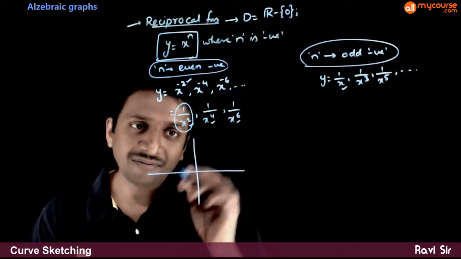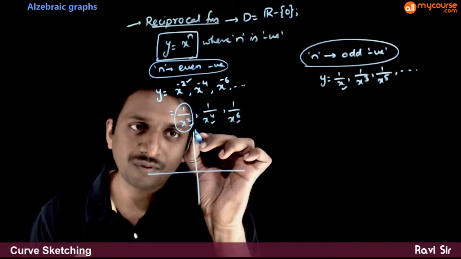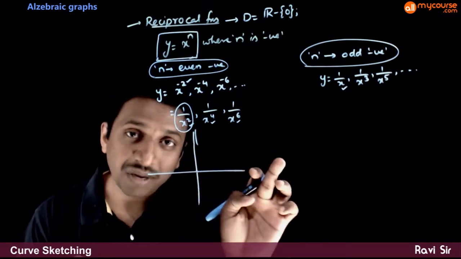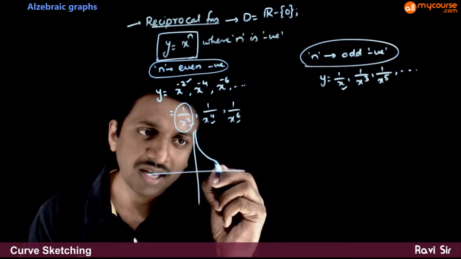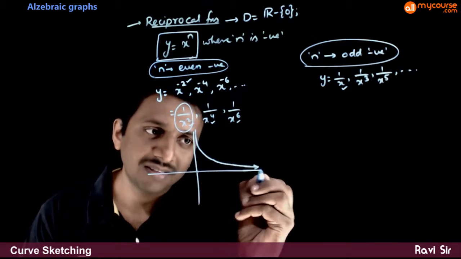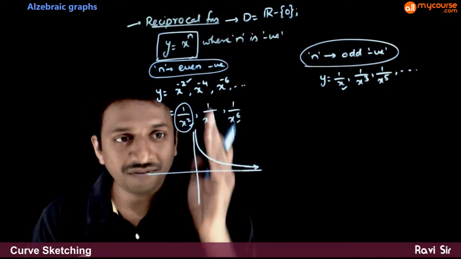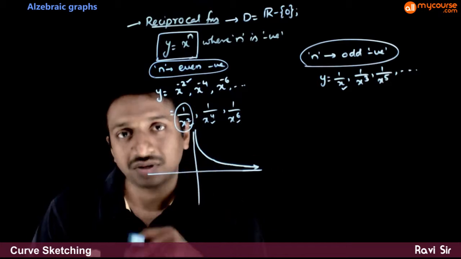So if you look at the graph of this, close to x is equal to 0, the graph goes to infinity. And as x becomes very large, 1 by x square goes to 0. So the graph looks like this. It goes to infinity as x goes to 0, it goes to 0 as x goes to infinity.